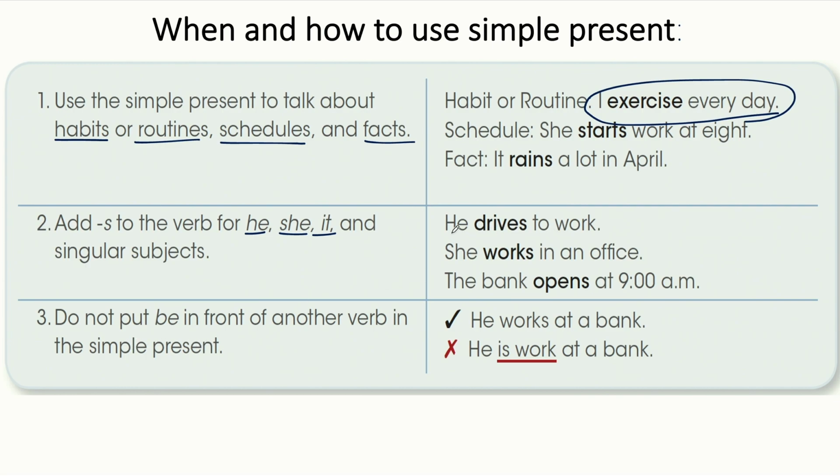For example, he drives, you see here we add s, he drives to work. She works in an office, we have s. The bank opens at 9 o'clock a.m. He works at a bank, but not he is work at a bank.